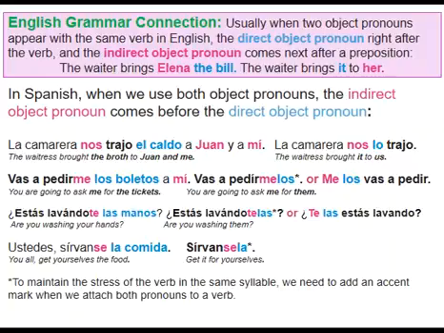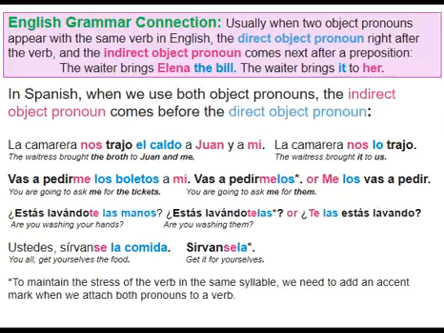In this sentence, we have la camarera nos trajo el caldo. El caldo would be our direct object. A Juan y a mí, indirect object, right? Notice that in blue are the direct objects and in pink are the indirect objects.